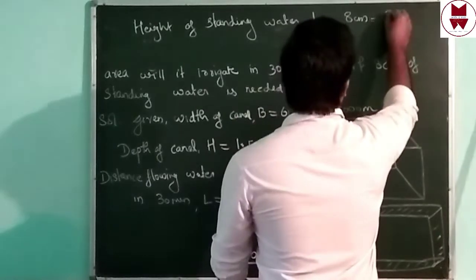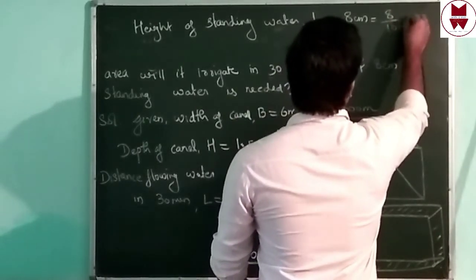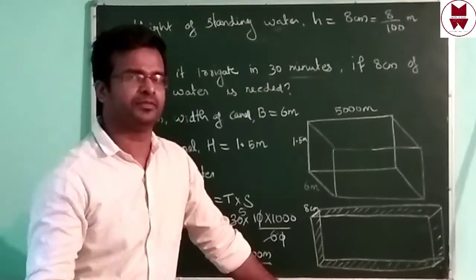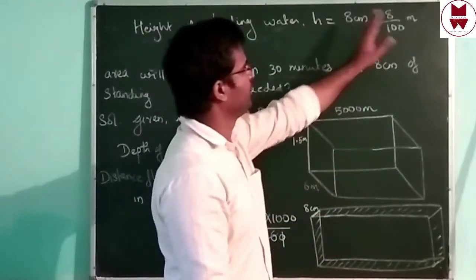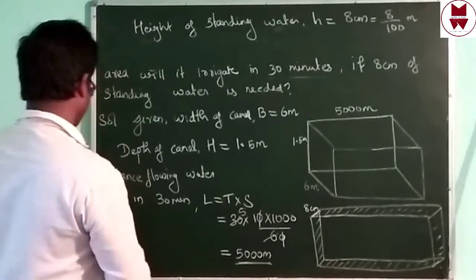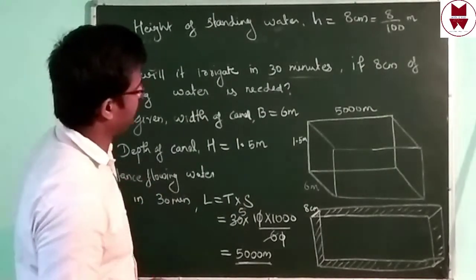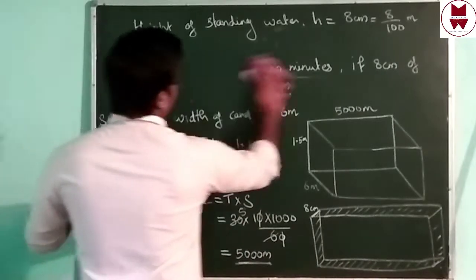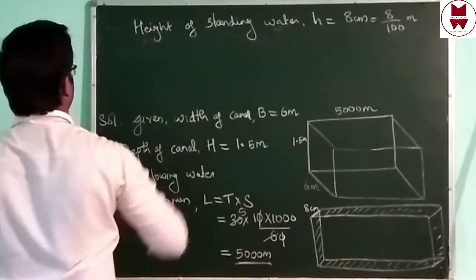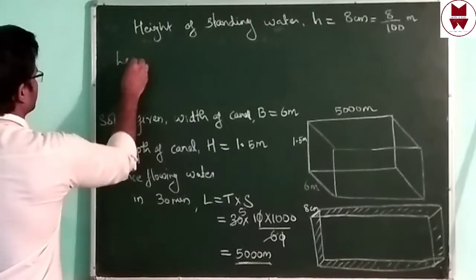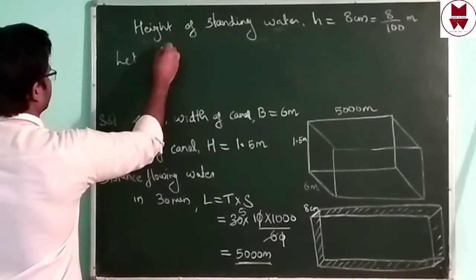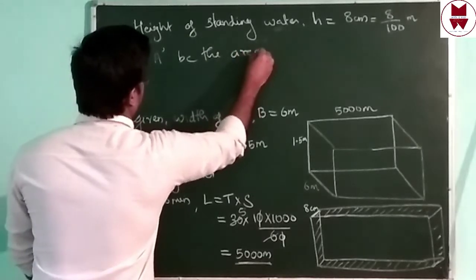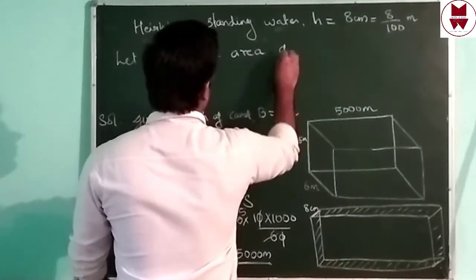We can write 8 by 100 meter, because 1 meter is 100 centimeters. Our question, we have to find out the area of this field. Let capital letter A be the area of field.